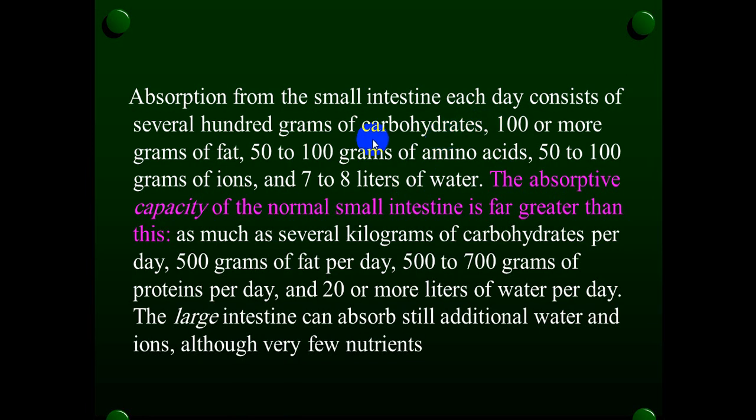But the real capacity of small intestine is far greater than this. These numbers are not for memorizing, only to help you imagine the absorption capacity of the small intestine.